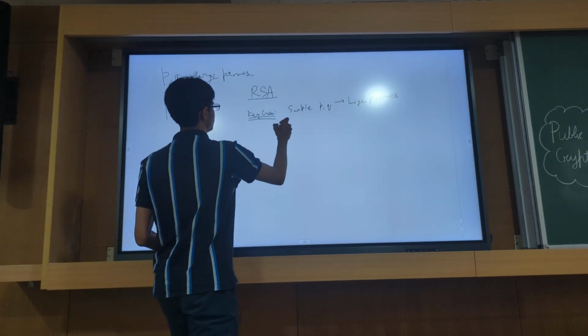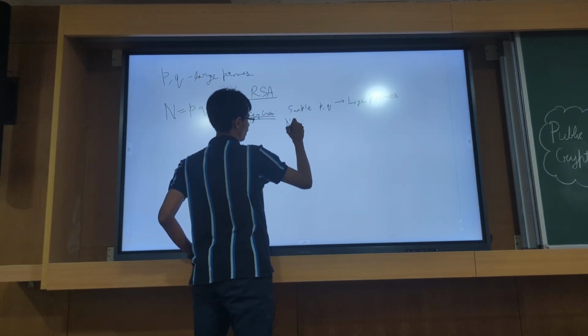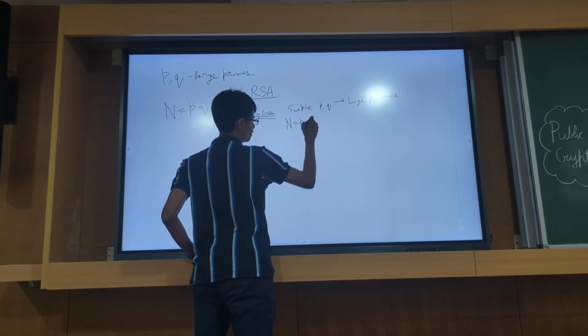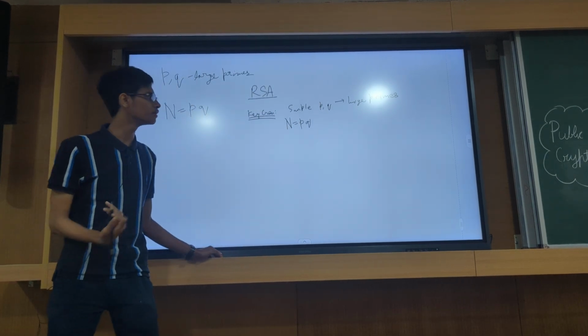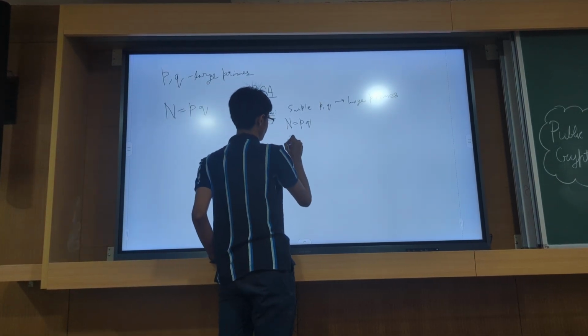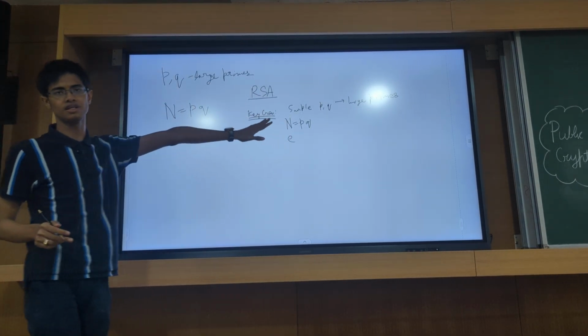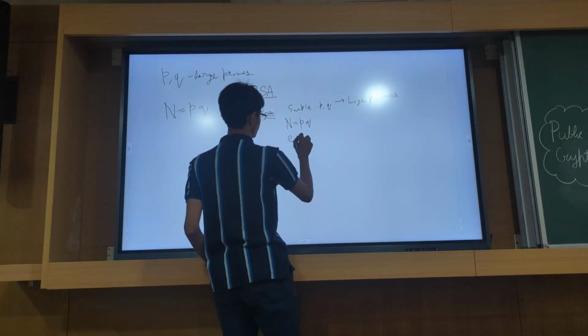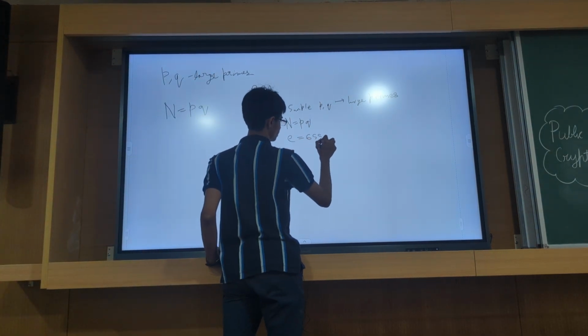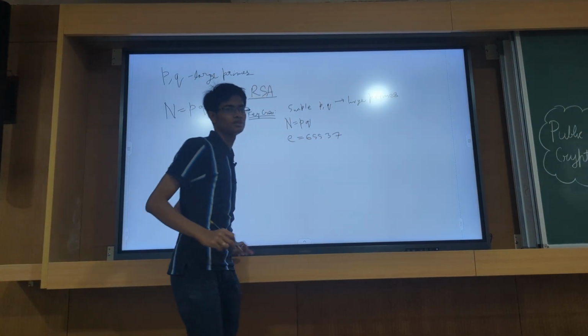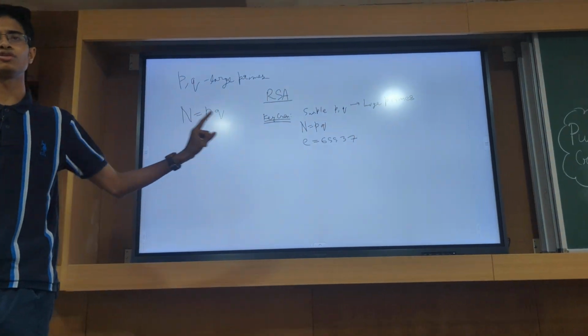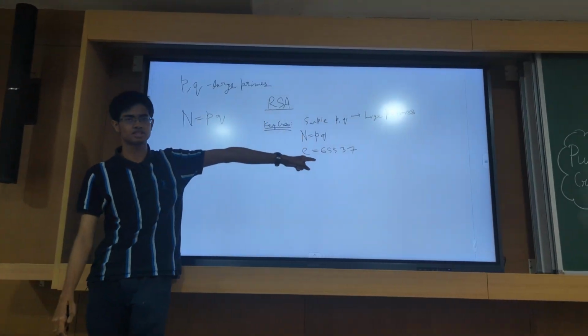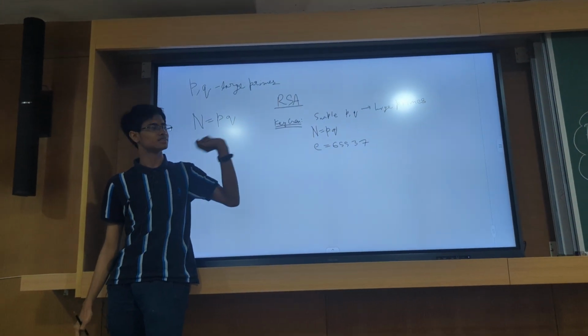He will compute n = p times q. Then he will take a public constant called e, which for now you can think of as 65537. You can take other values also, but in practice e is taken to be 65537, and there's a reason for doing that.